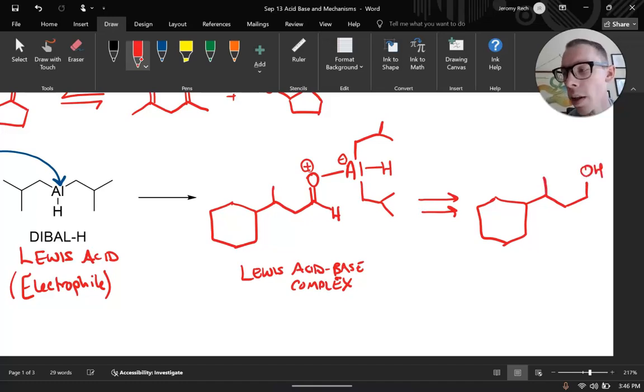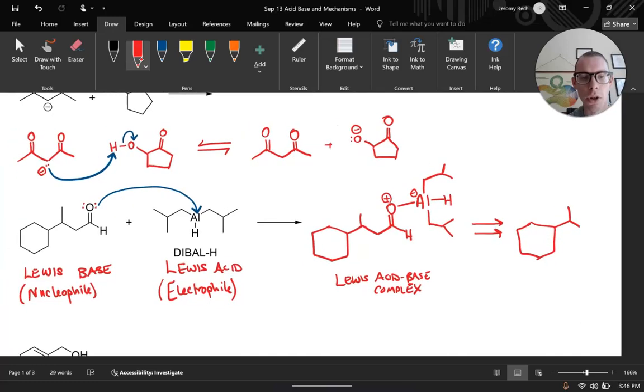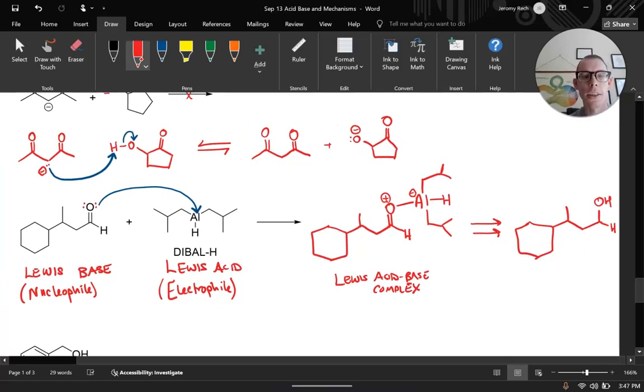So you'll have an OH and then your H still on the other side there. So this is a reactive intermediate that will eventually break down and give you just an alcohol. This is a reduction reaction because we're reducing the amount of bonds to our oxygen and increasing the amount of hydrogens to it.